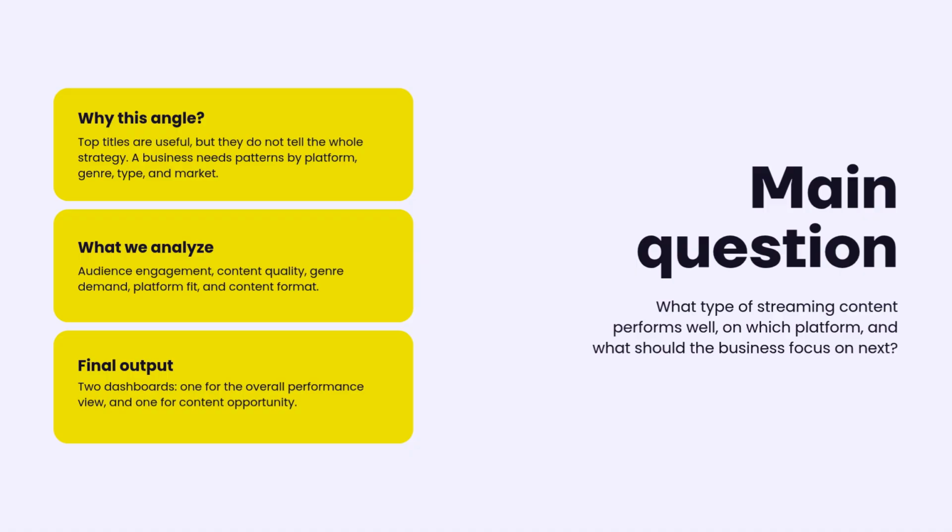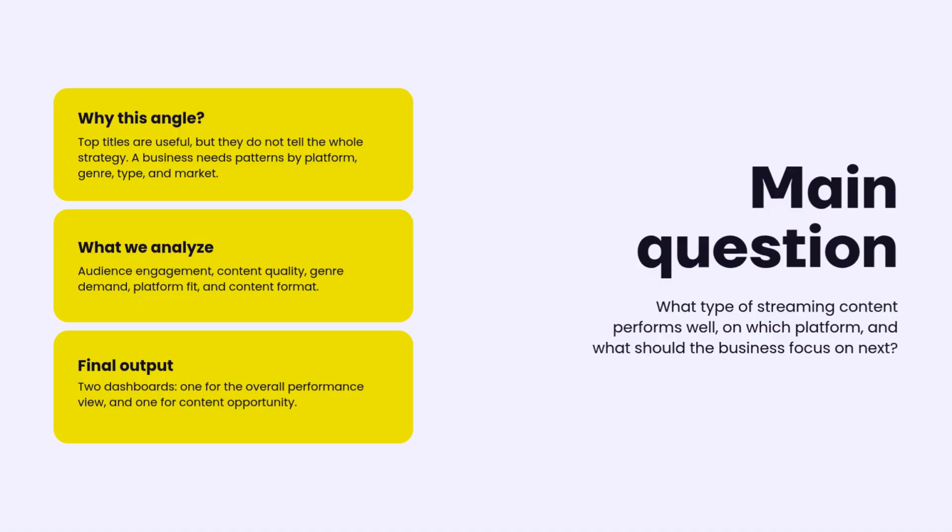The main question for our BI analysis is what type of streaming content performs well on which platform, and what should the business focus on next. We choose this angle because looking only at the top title is not enough. We can show which specific content is popular, but it doesn't explain the whole content strategy.